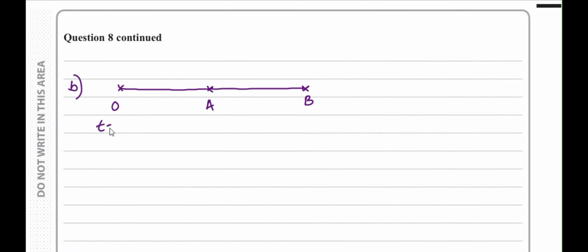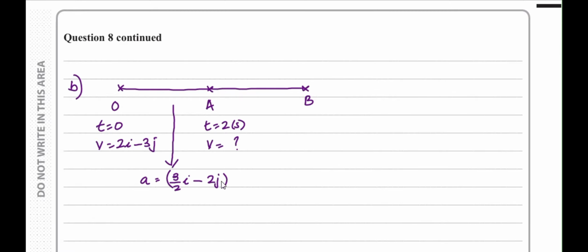At O, t is equal to 0, and velocity is given as 2i minus 3j. At point A, t is equal to 2 seconds. Velocity we do not know. In between the origin and A, we found out that the acceleration is equal to 3 over 2 i minus 2j meters per second squared.